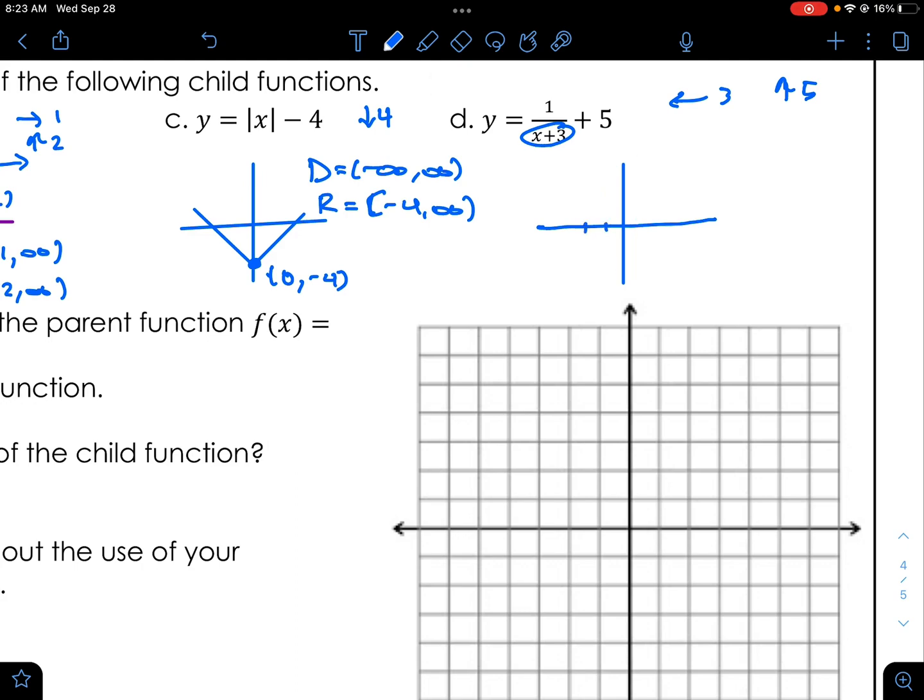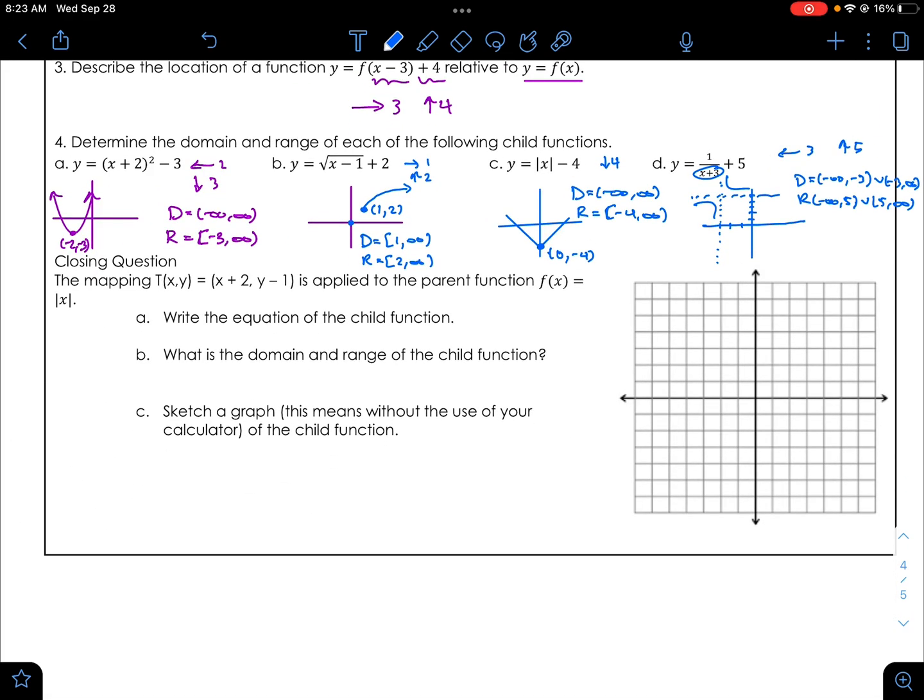So 1, 2, 3. So we'll have a vertical asymptote right there. And then up 5, instead of being on the y or x-axis, it's going to be 1, 2, 3, 4, 5. So it'll be up here. And so our graph will look something like that. And so if we take that, our domain would be -infinity to -3, union -3 to infinity. And our range would be -infinity to 5, union 5 to infinity.